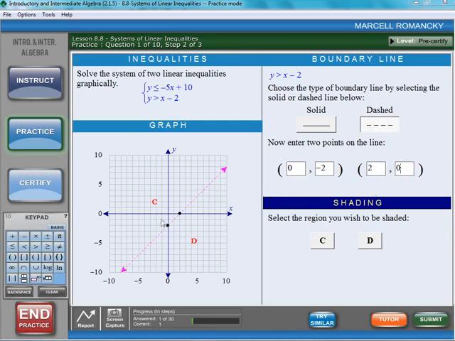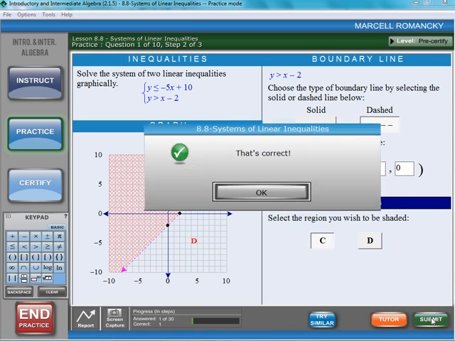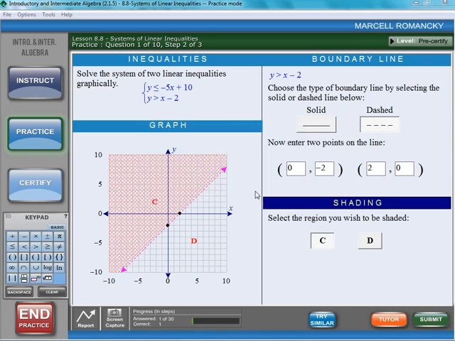What side do I shade? Because I've got a greater than, I'm going to shade C. And if I put my test point (0, 0) in here, 0 is greater than 0 minus 2, or -2. 0 is greater than -2, so I know C is my correct part to shade. And then I hit submit. And that's correct, so I say OK.